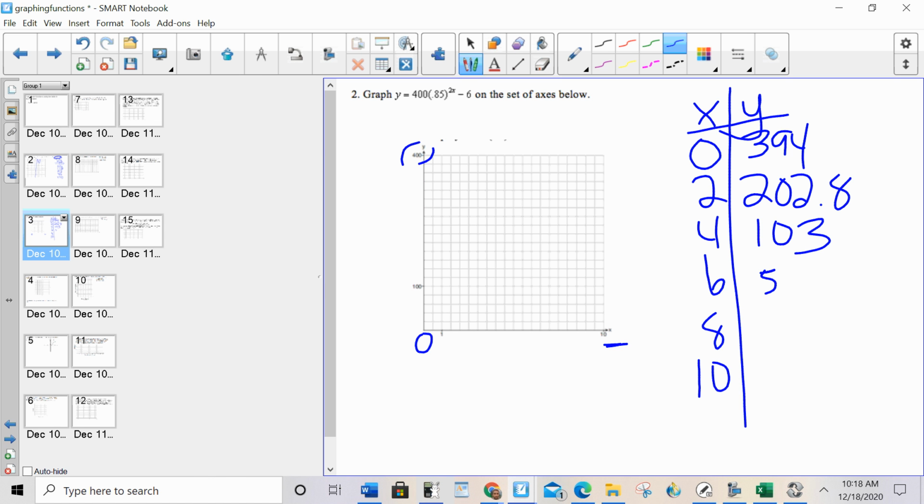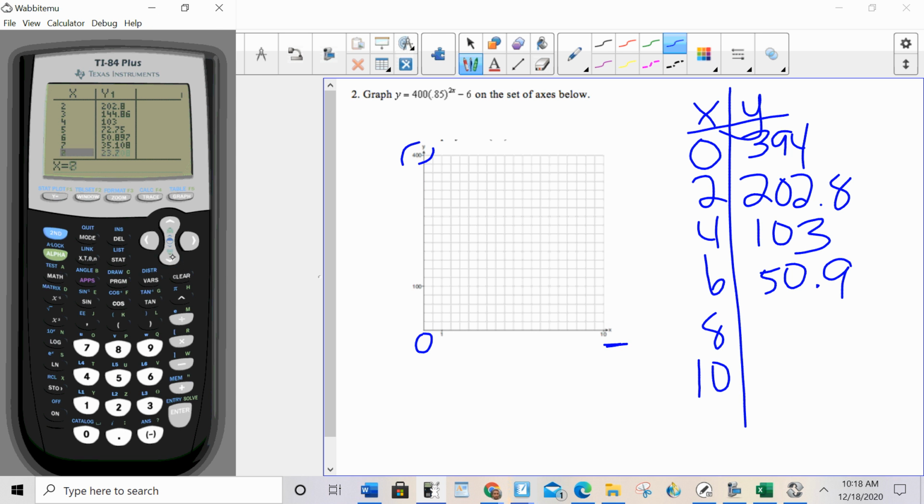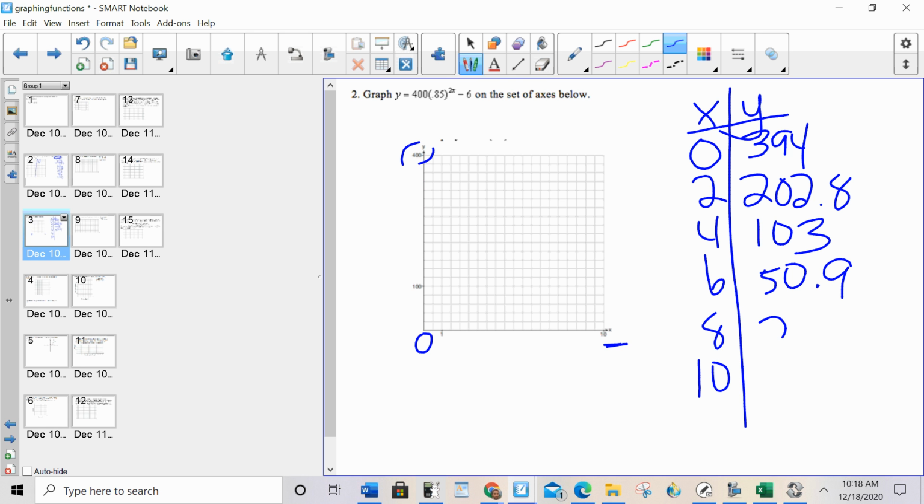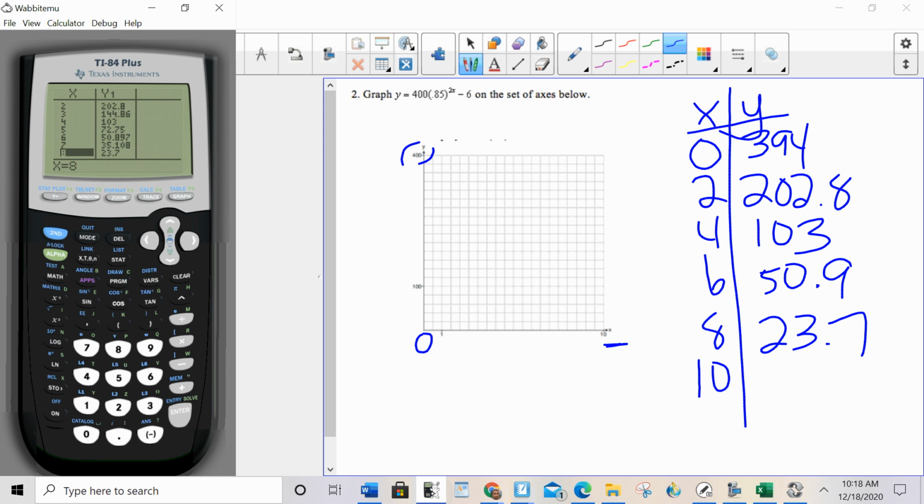Since I rounded that other one to the nearest tenth, we'll round this one to the nearest tenth. 8 is going to be 23.7, and 10 is going to be 9.5.